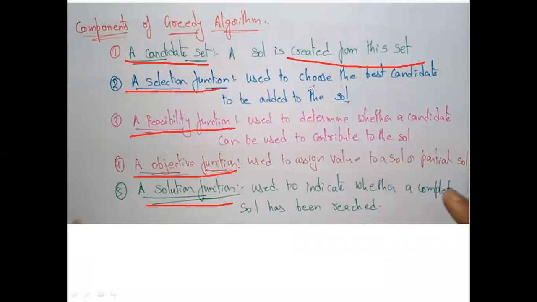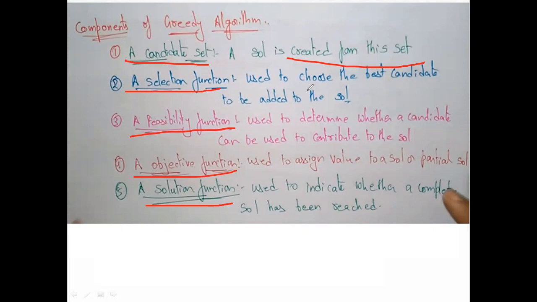Selection means you have to choose the best candidate to be added to the solution. Suppose a car sometimes may provide the best solution, so we choose the car as one of the feasible solutions. And the feasibility function is used to determine whether the candidate can be used to contribute to the solution.